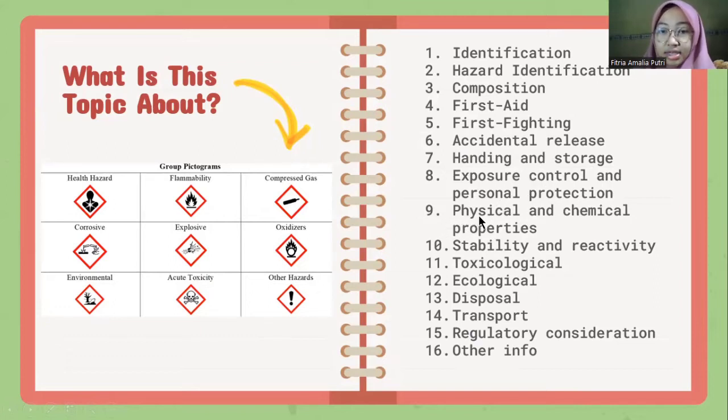Section 9 is physical and chemical properties. Section 10 is stability and reactivity. Section 11 is toxicological. Section 12 is ecological. Section 13 is disposal. Section 14 is transport. Section 15 is regulatory consideration, and the last section is other info.